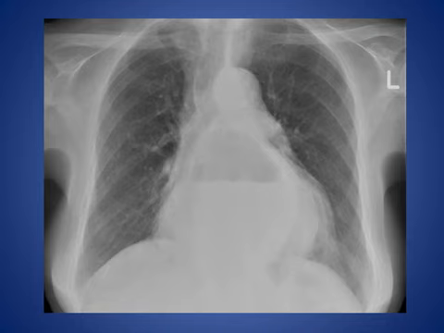Here, this is another case. As we see here, the heart silhouette is enlarged with a tortuous aorta, but we don't want this finding. We are looking for another finding. You see the air fluid level in the retrocardiac area. This is a hiatus hernia with air fluid level. What is hiatus hernia?